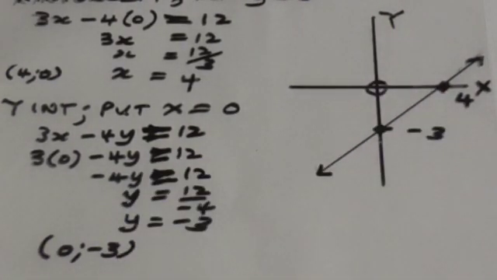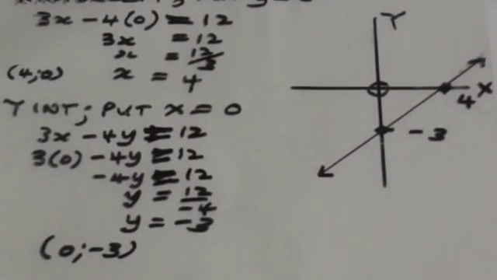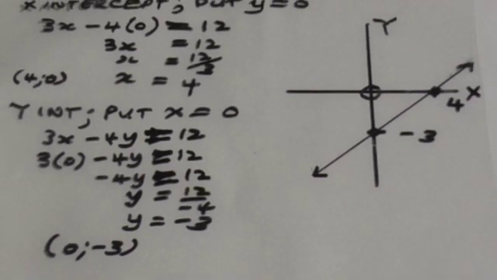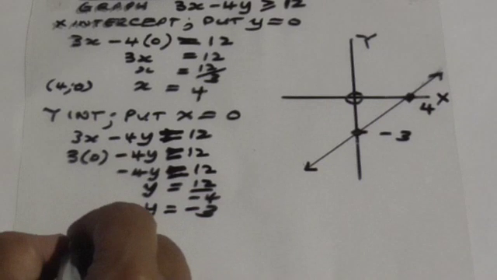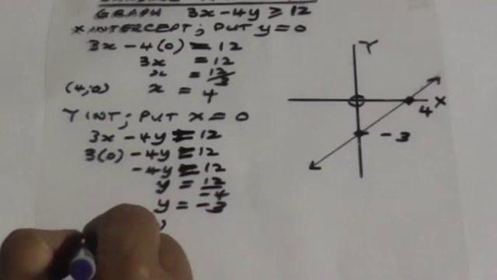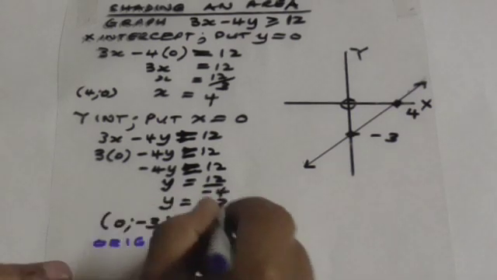Now, so far you've only drawn the graph. Now you want to work out where to shade, because there's an inequality sign. One of the best things we use is called the origin test. O-R-I-G-I-N.